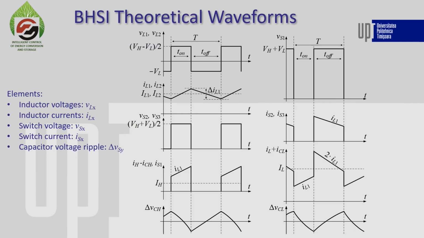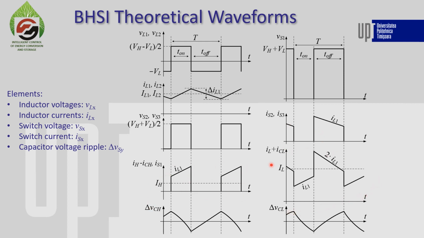Now let's take a look at the most relevant, most representative theoretical waveforms. And we see the inductor voltages and the inductor currents. The switch voltage, which we see has a much larger value. And the other two switch voltages, which have a lower value. And then the switch currents.